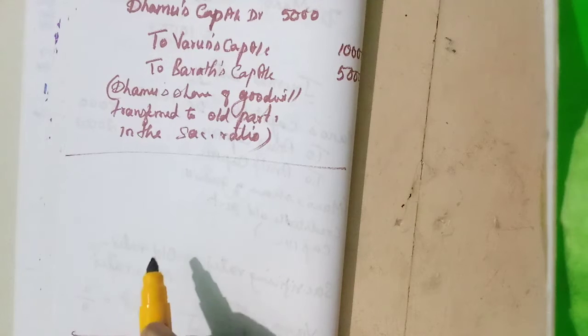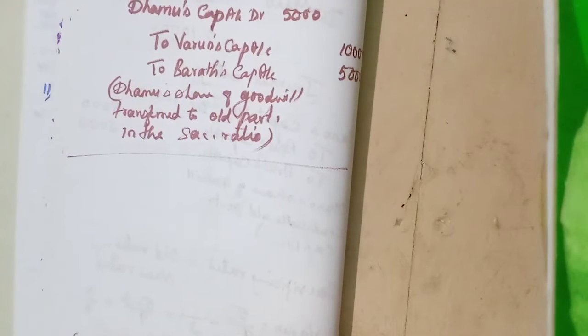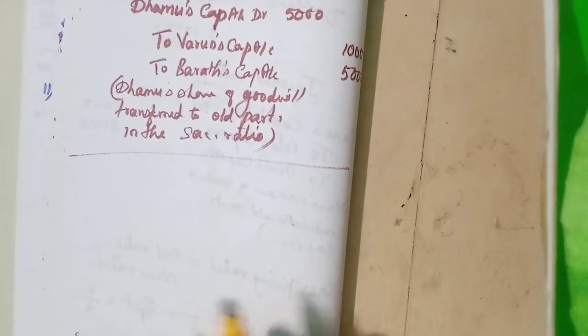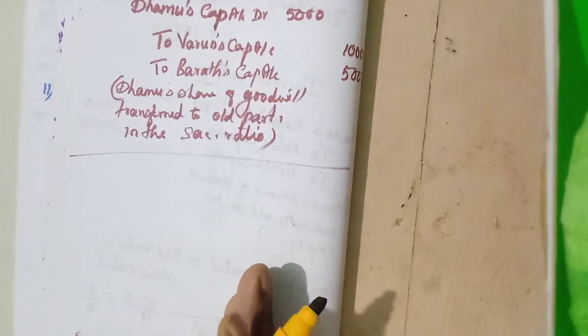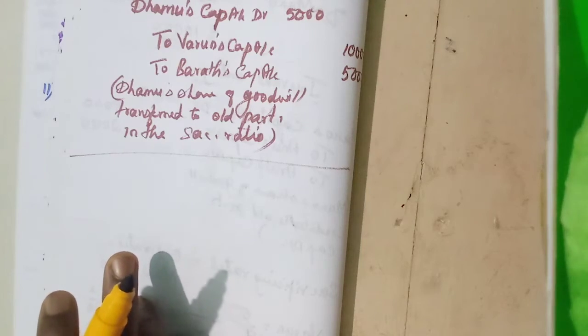That is the two conditions. Goodwill shows a debit balance, so when we write off, we credit the goodwill. The partners' capital also gets reduced, so that capital account must be debited.